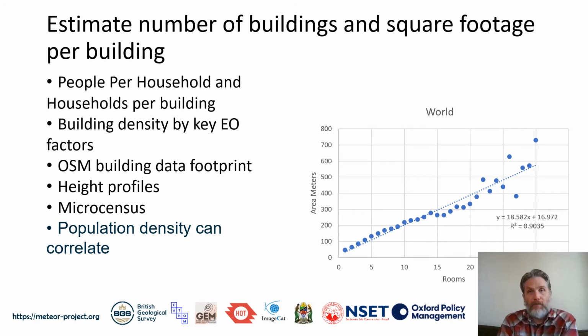Next, estimate number of buildings and square footage per building. This can really impact results quite a bit, and impact the maximum amount of your losses. And the more detailed information you have about the number of essentially people per building, ultimately, and what you're trying to do, you typically start with information about how many people are where.